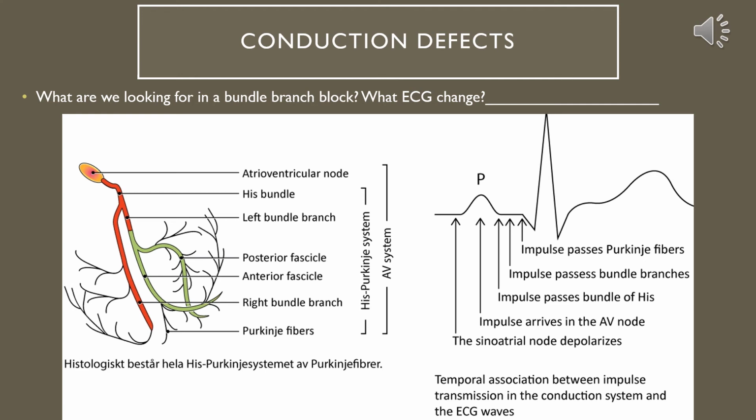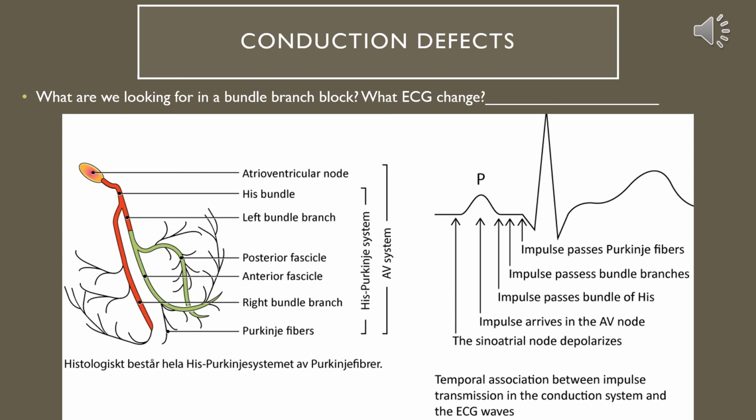When we're looking at the time lapse over here, this is a good area to understand how the electrical impulse is being processed throughout the electrical system. You can see that as the electrical impulse is hitting the Purkinje fibers, this is right before everything really depolarizes and you get that big QRS complex.